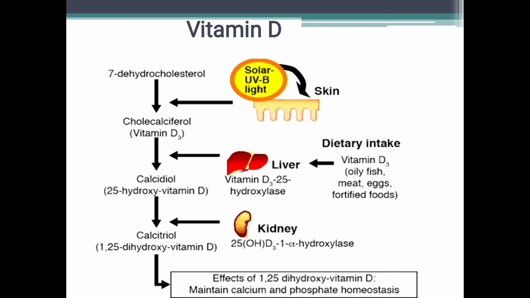This is because of that feedback control, that feedback inhibition. This prevents excessive formation of the active vitamin D and excessive action of the vitamin D. So it maintains the normal level of 25-hydroxycholecalciferol, because it has its own feedback inhibition.